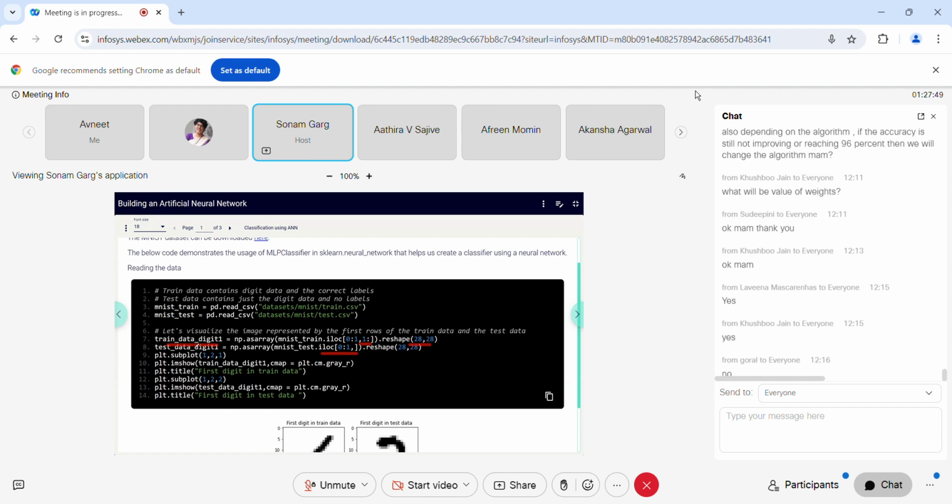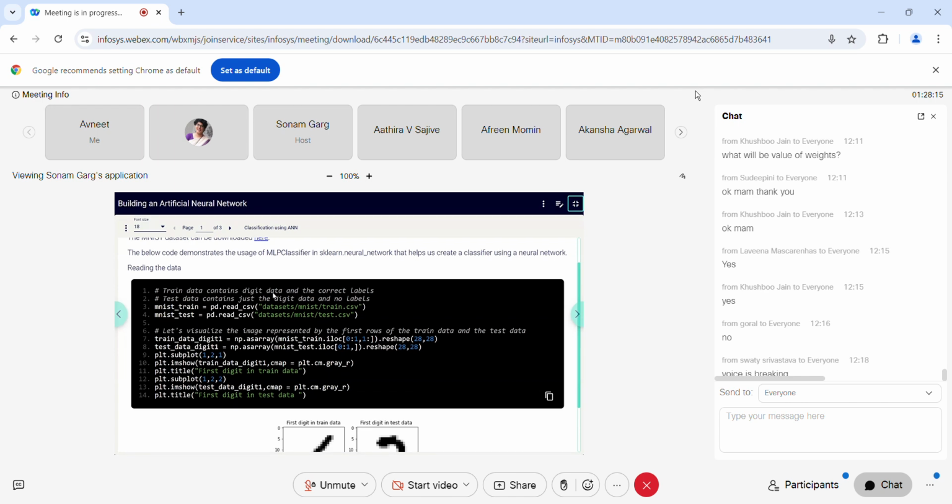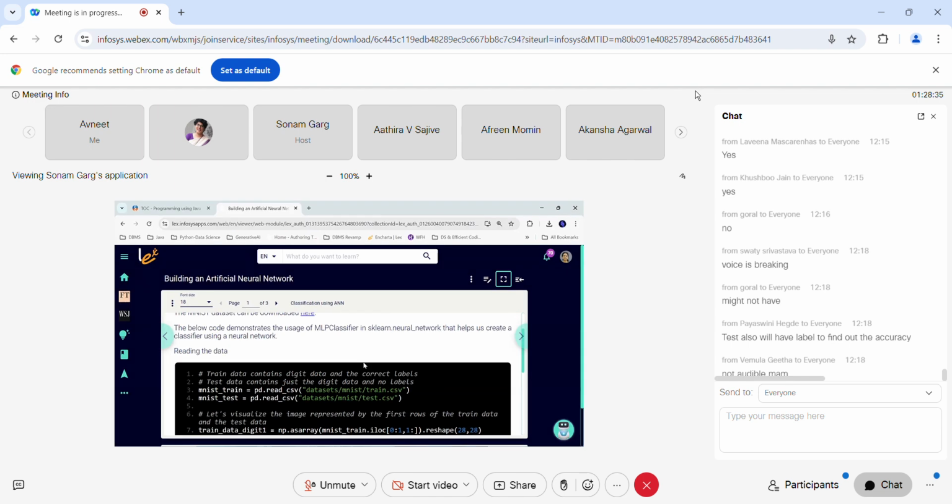Your test data will not have labels, or will it have labels? Testing. Yes, test data should have labels for checking accuracy.